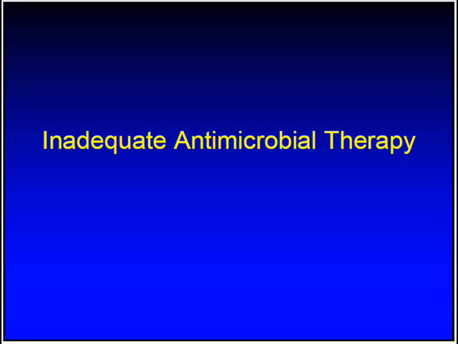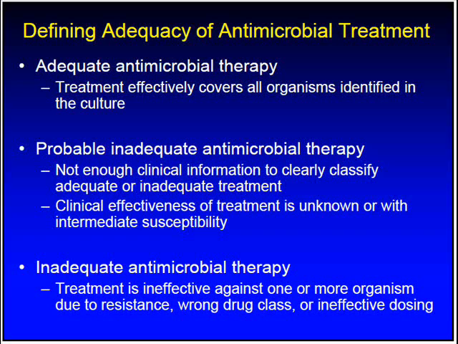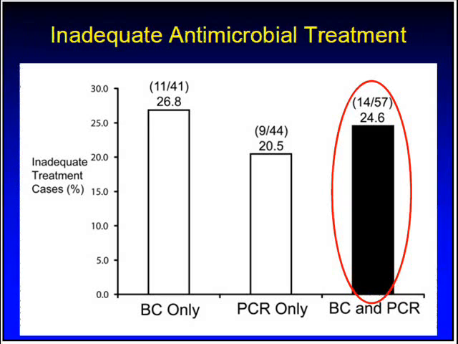We also conducted analysis to assess the number of patient cases in our study who received inadequate antimicrobial treatment within the first 24 hours following blood sample collection. Here are some definitions of adequate versus inadequate and probable inadequate antimicrobial therapy.